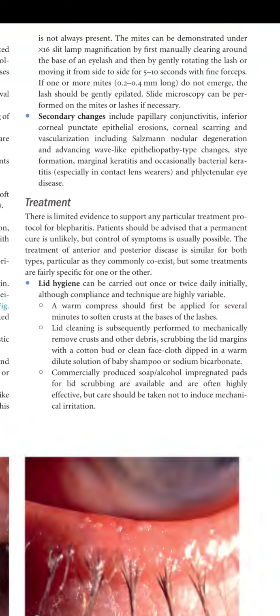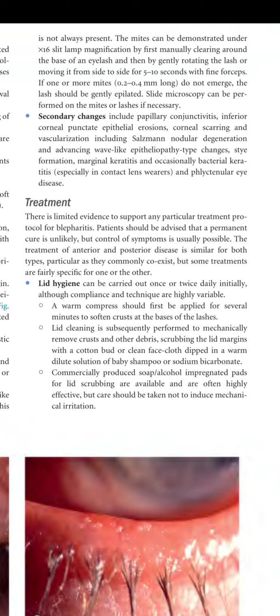Commercially produced soap or alcohol impregnated pads for lid scrubbing are available and are often effective, but care should be taken not to induce mechanical irritation. So what you do in this treatment is you ask the patient to use something warm, like a warm cloth, and the warmth can soften the crusting at the bases of the eyelashes.